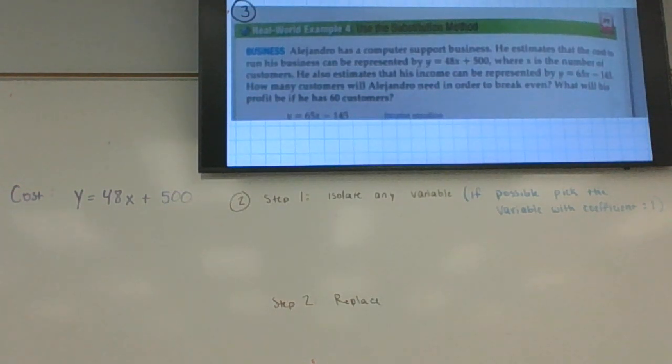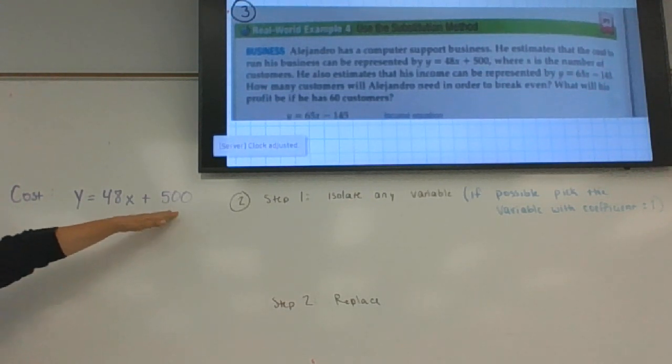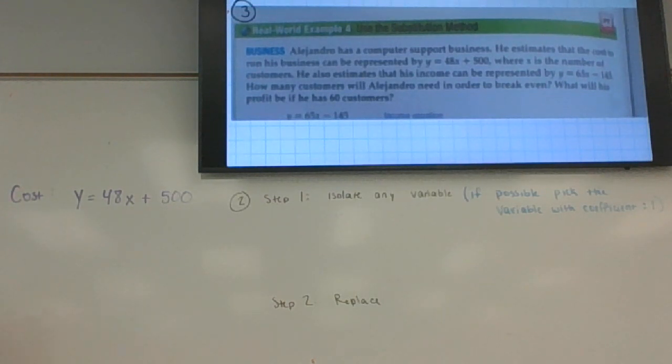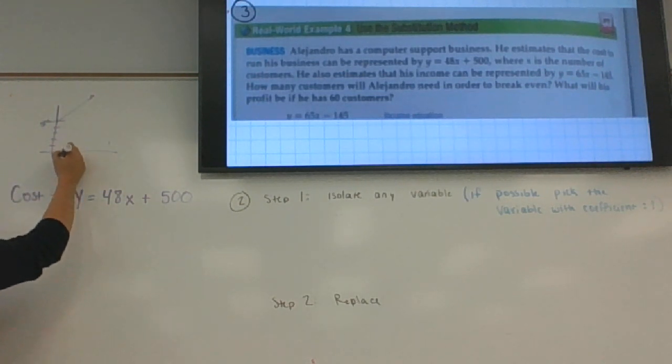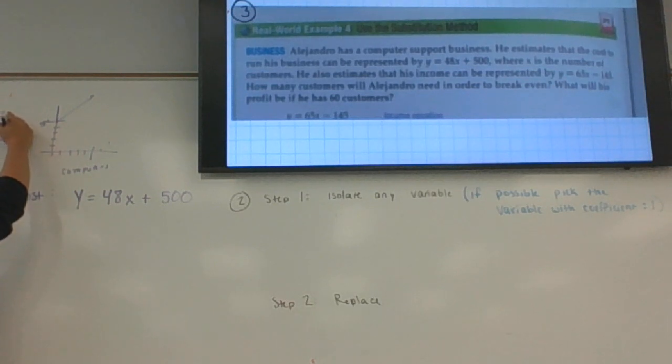So let's talk about the cost to run a business and why this equation could come about. What could the 500 represent? So the 500 is the y-intercept. This is the number of computers he repairs, and this is cost.